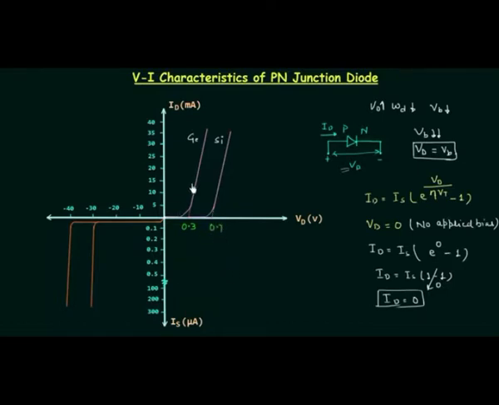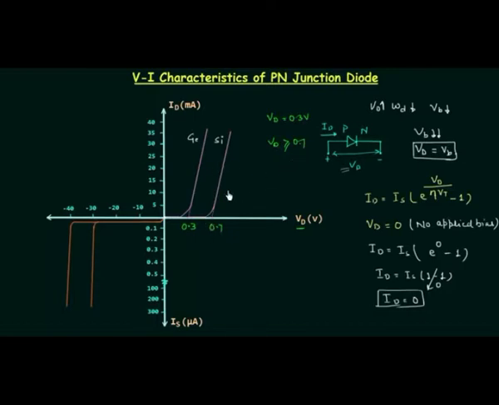If VD is equal to 0.3 volts for germanium, it means VD is equal to barrier potential, and current will increase rapidly. If you increase VD further, the current will increase exponentially. So there is generous flow of current through the diode if VD is greater than or equal to barrier potential. And in case of silicon, if VD is greater than or equal to 0.7 volts, we have generous flow of current through the diode.